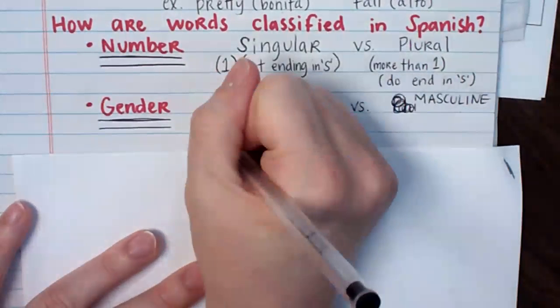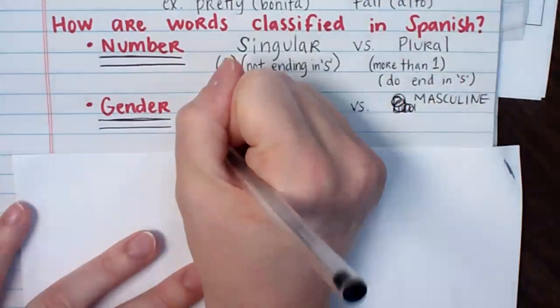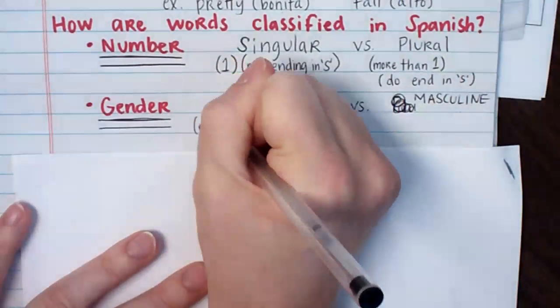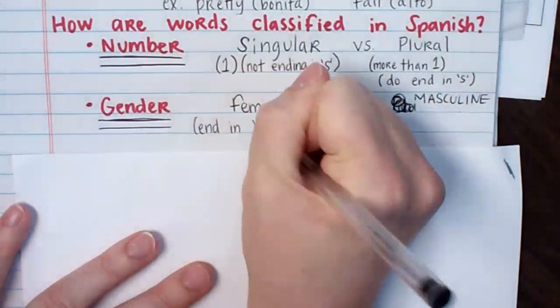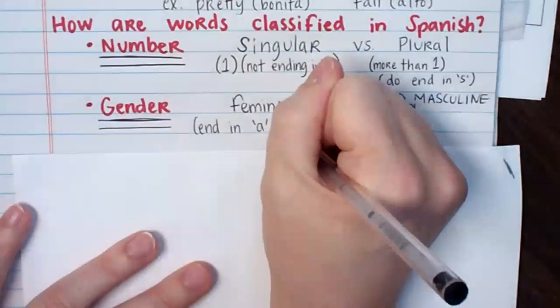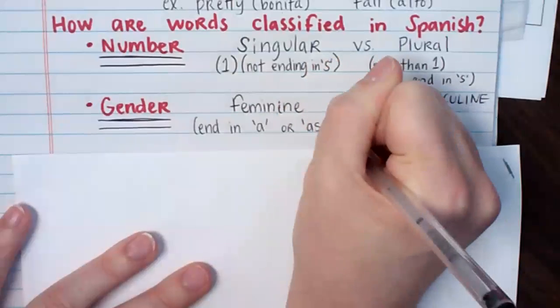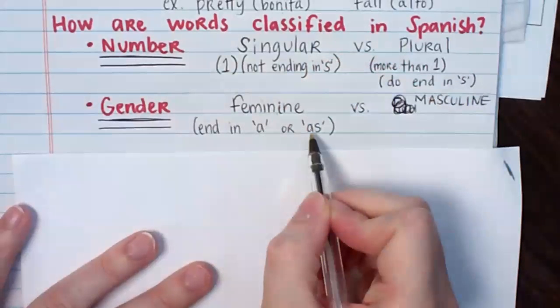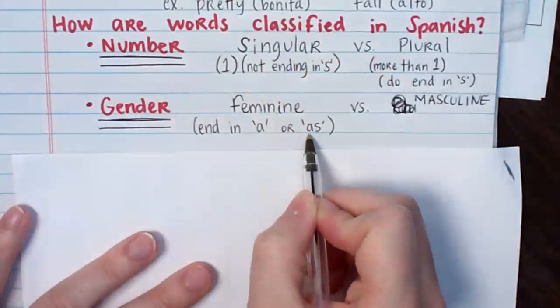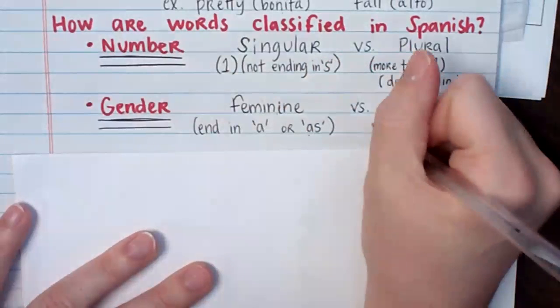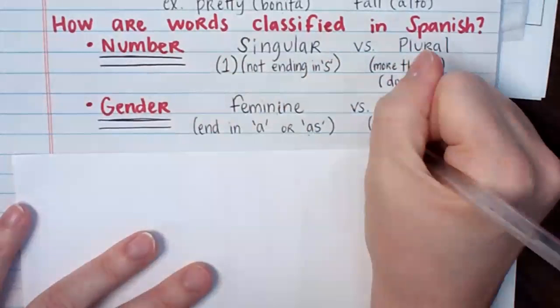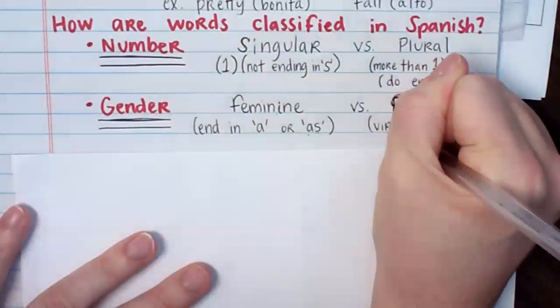So typically, feminine words are going to end in A or AS if they are plural. They'll end in AS. And then masculine words, virtually everything else.